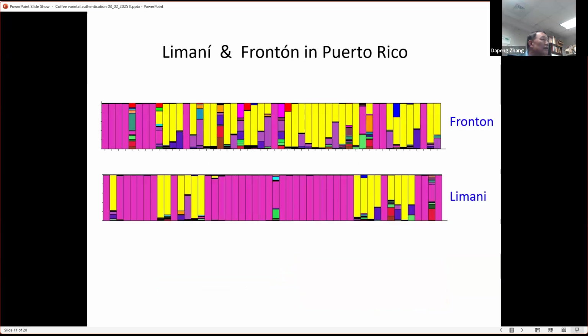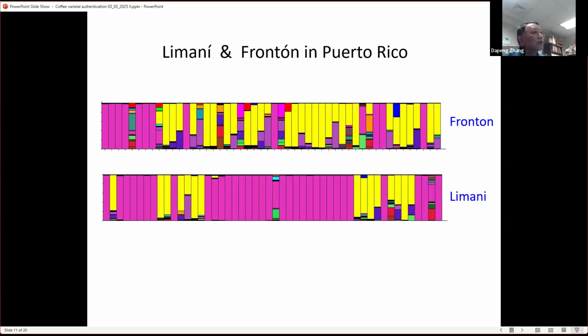With the collaboration of Luz and Ricardo and other Puerto Rican colleagues and World Coffee Research as well, we collected about 200 farmers' trees from different farms, and also about 200 trees from the Puerto Rico University collection. So these two graphs show the first 50 accessions. The top one is Fronton, the bottom one is Limani.